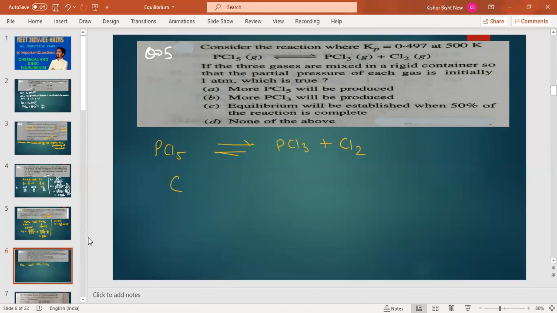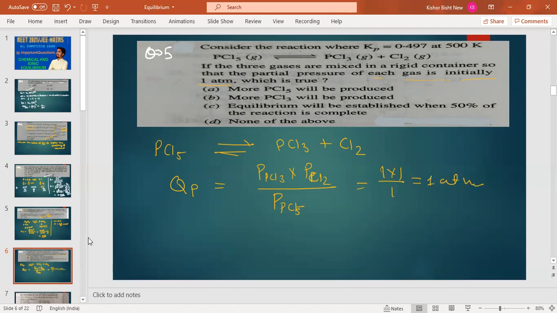Now you know that Qp is P of PCl3 into P of Cl2 upon P of PCl5. Each gas initially was 1 atm, so 1 into 1 upon 1 equals 1 atm.